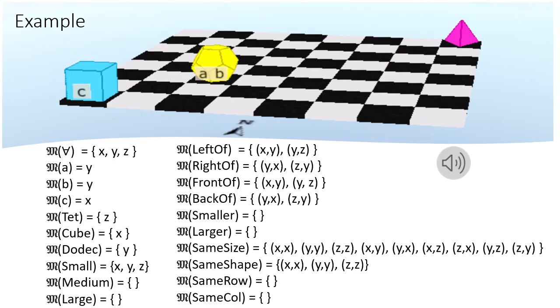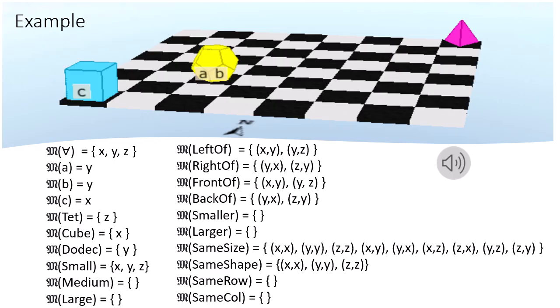For example, Z is representing that tetrahedron up in the upper right-hand corner. And so M of tet would just be that single Z because that's the only tetrahedron in the picture. M applied to cube would just give you back X because X is the only object in the domain of discourse representing a cube, and that's in that bottom left-hand corner. And then M applied to dodec would just give back Y.